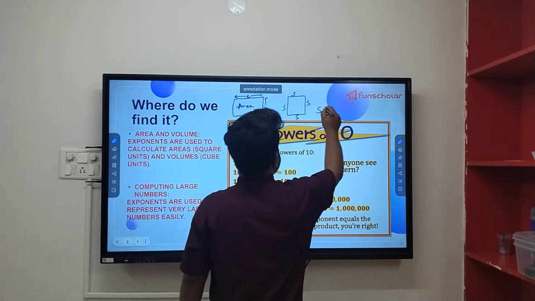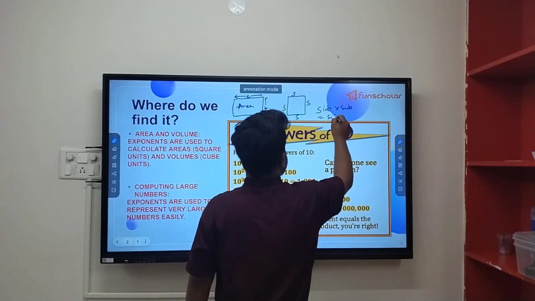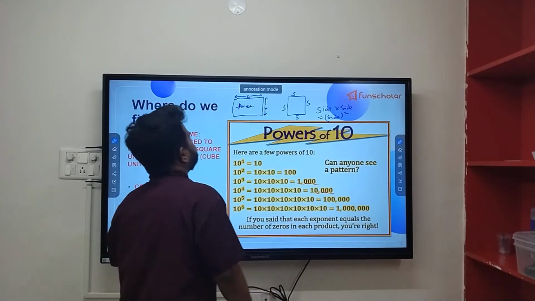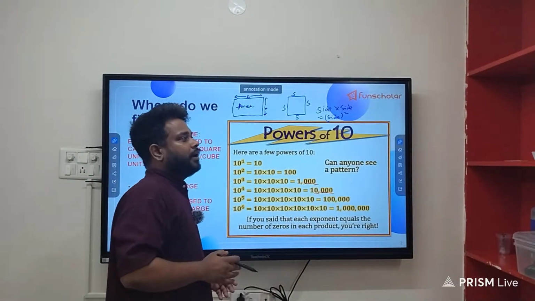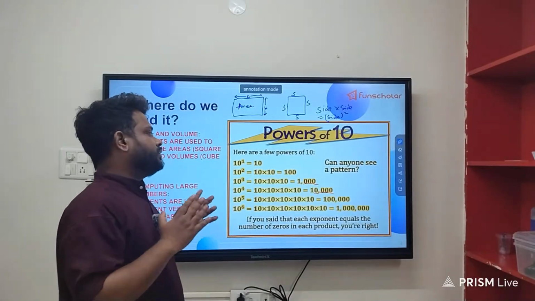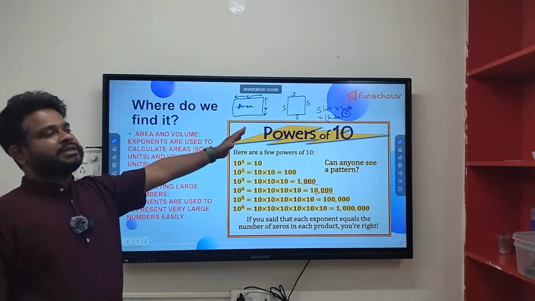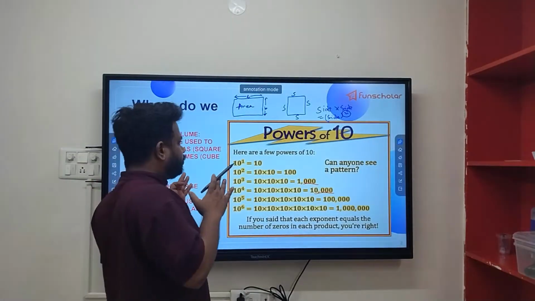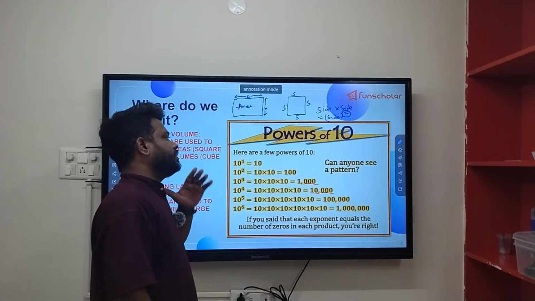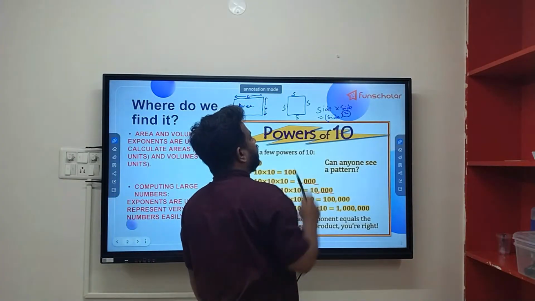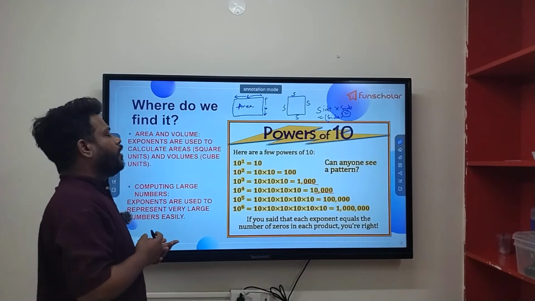So the formula will be side into side, or we can say side square. You can see that a power is coming in when we are calculating the area of any square, the power of 2. So we use exponents or powers to calculate the area or volume.